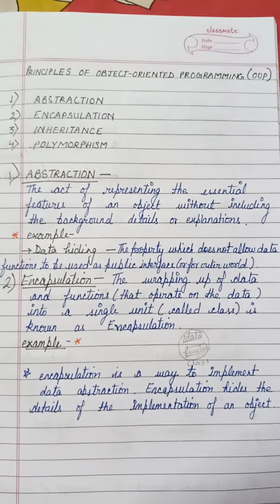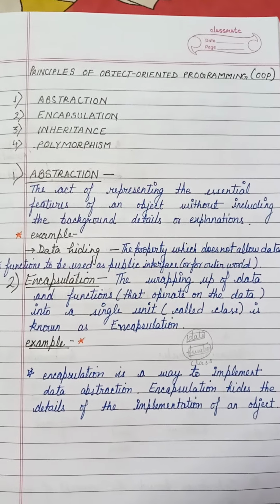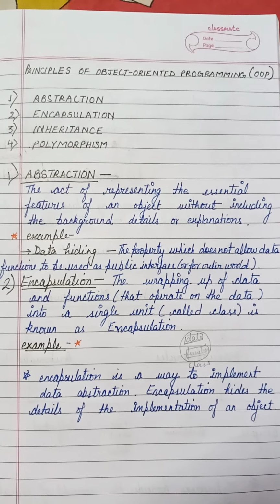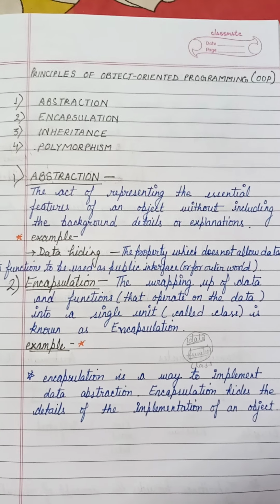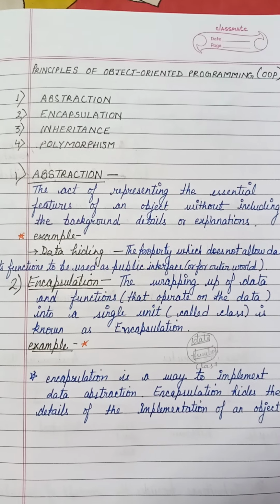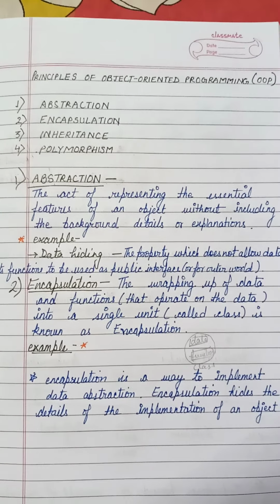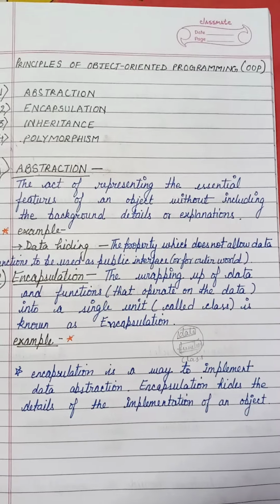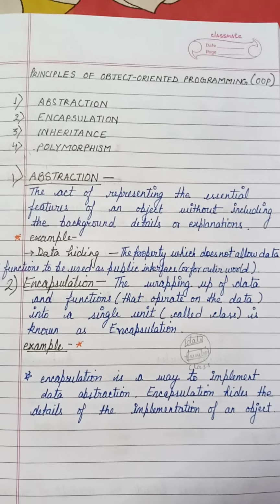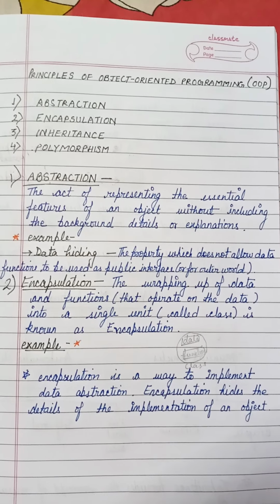Now we can take another example of a switchboard. You only press certain switches according to your requirement. On a switchboard, you press a switch according to your requirement. What is happening inside, how it is happening, you don't know.